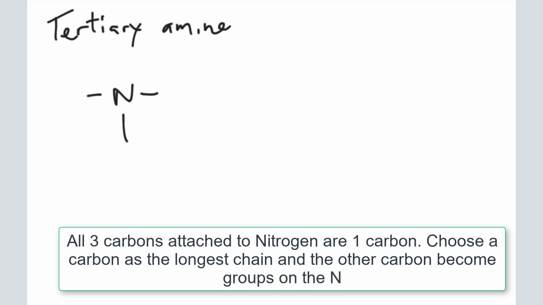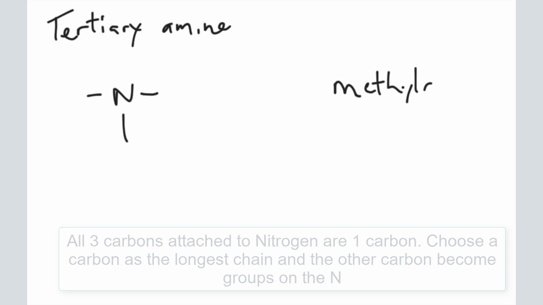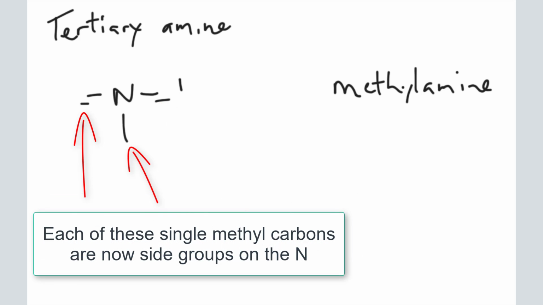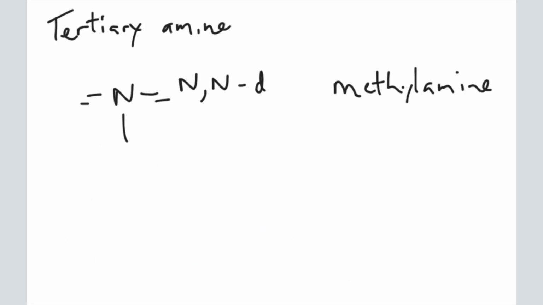So we have a couple of ways of naming this. Our base chain name is methylamine. We have another methyl group and another methyl group attached, two of them. We have to denote that each of them is attached to a nitrogen. So we have an N-methyl, and we have another N-methyl. Since there's two methyls attached, this is a dimethyl methylamine.